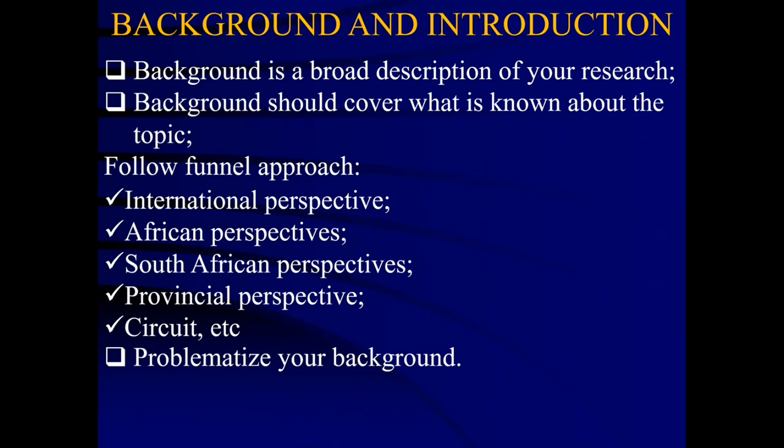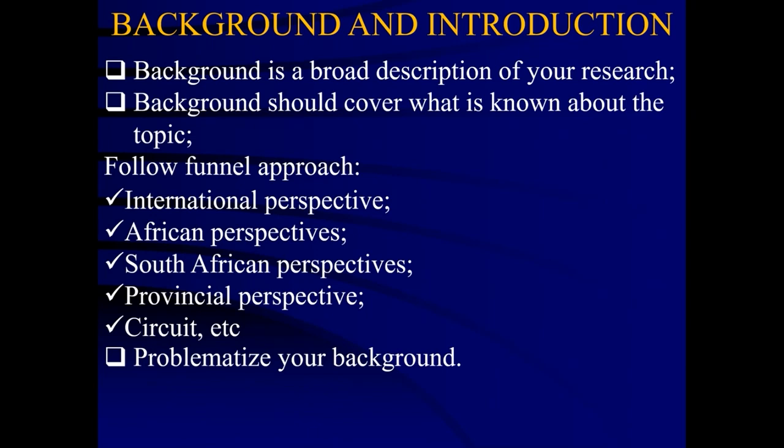And then from there, you move to the African perspective. You can pick 2 or 3 African countries as well, for example Zimbabwe, Lesotho, and Nigeria, just to give us an overview of how they are affected by the issue at hand. And then from there, you come to South Africa. You can give us a broader perspective about how South Africa as a whole is affected by the problem identified.